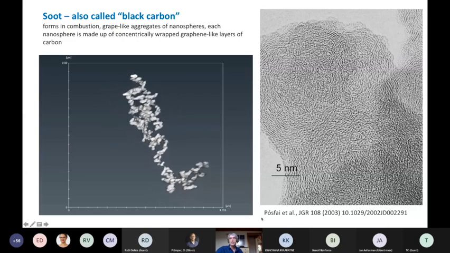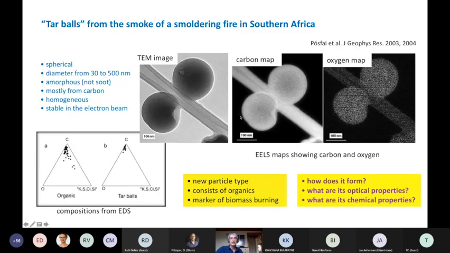But in this African biomass smoke, we found another particle which had larger spheres. It was also made of carbon and a tiny bit of oxygen, but it had no internal structure. It was totally amorphous, and it didn't form these grape-like chains. And we named this particle tarball. Actually, that was my then-professor Peter Buseck's idea, and I just couldn't understand why he calls them tarballs, because we didn't know if it's tar or not.